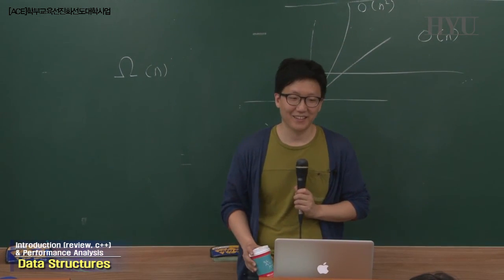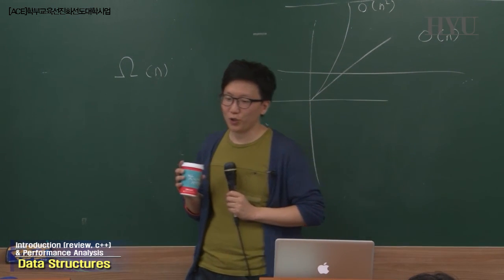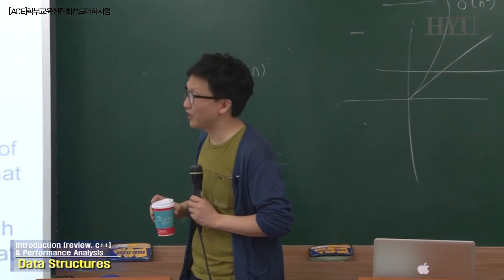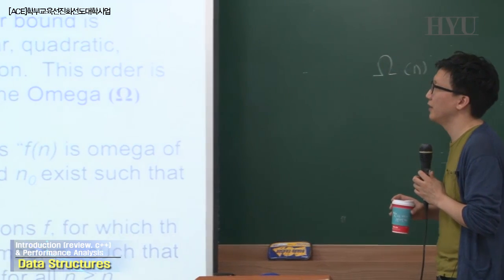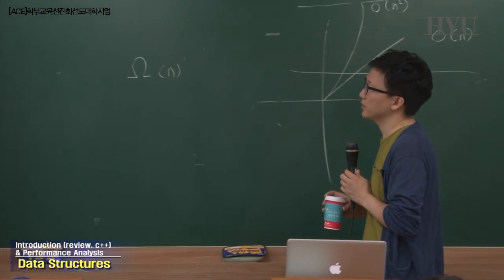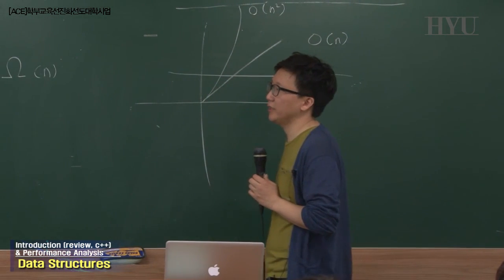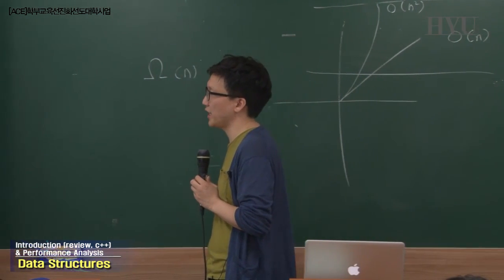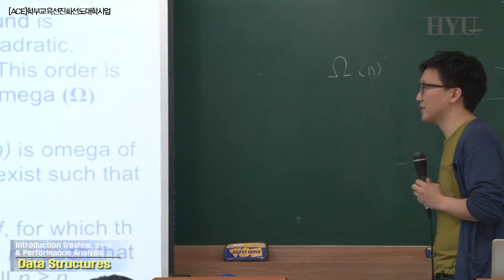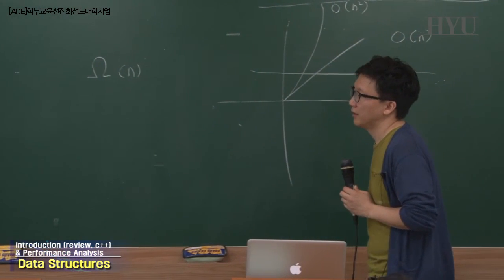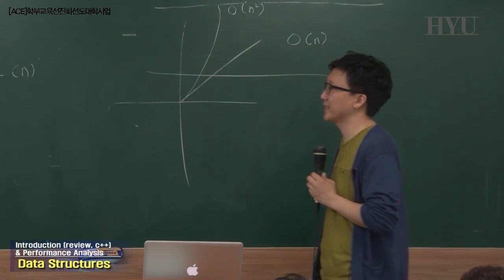Omega. Again, only the order of a lower bound is considered, namely whether it's linear, quadratic, exponential, or some other function. This order is given by a function class using omega notation. Definition: f(n) equals omega of g(n) if positive constants c and n0 exist such that f(n) is greater than or equal to c times g(n) for all n.